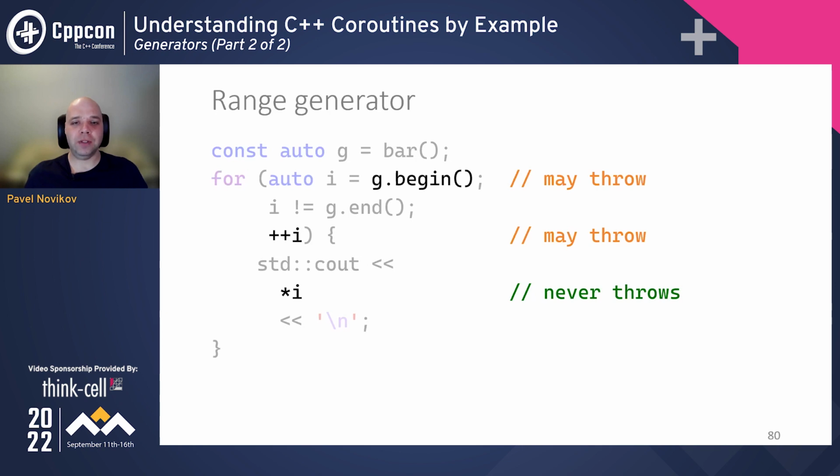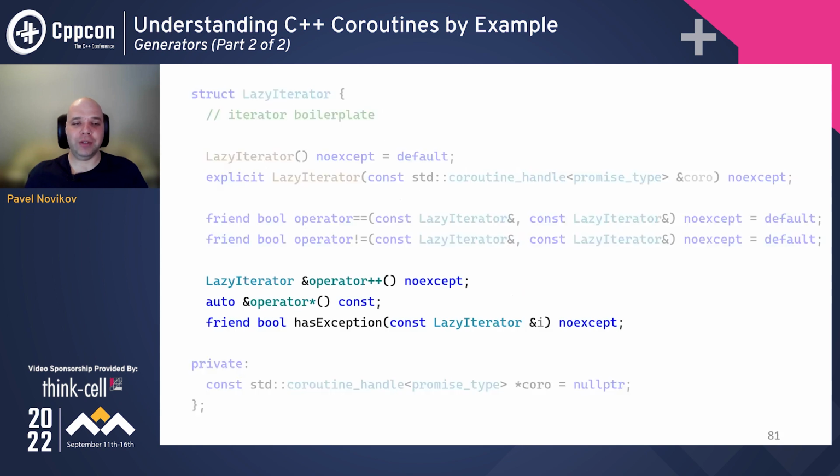And the dereference never throws, because if begin throws or incrementation throws, it means that there is no reason to expect that there is a value, and we can't dereference an iterator in the state where the generator has no values. I hope it makes sense.